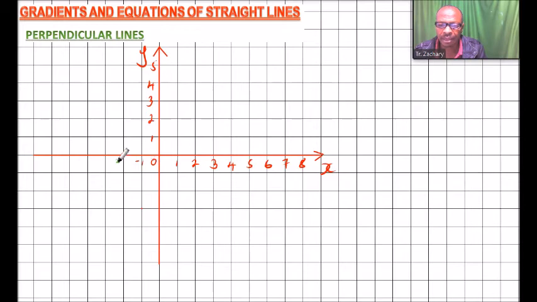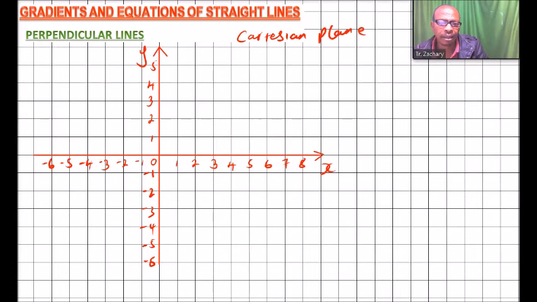We have minus 1, minus 2, minus 3, minus 4, minus 5, minus 6, and on the other axis minus 1, minus 2, minus 3, minus 4, minus 5, minus 6. So that is what we call the Cartesian plane, or the XY plane.